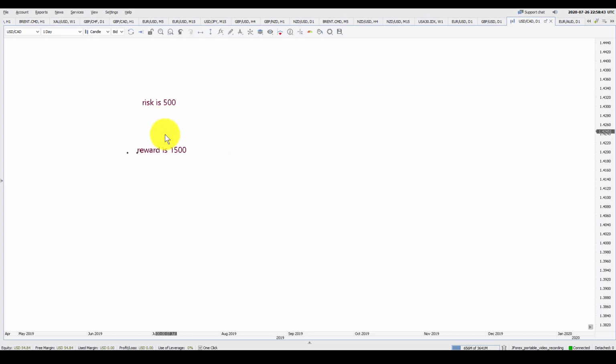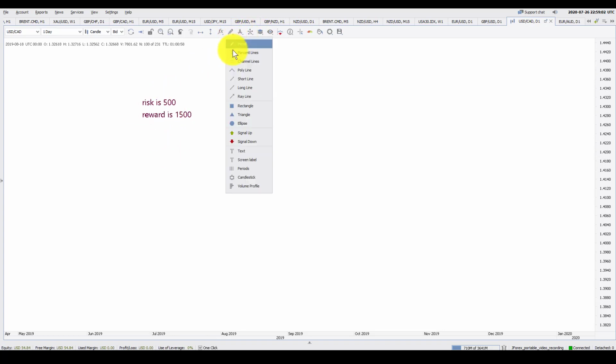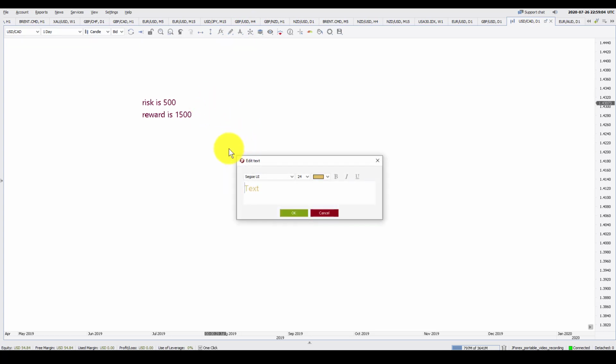Why? Because you are risking 500 and the reward you are seeking is 1500, and it all depends upon the support and resistance. You are not randomly selecting 1:3. You are seeing that if it is there, then only you will open the position. If it is not 1:3, then you are not going to open the position. Then what is going to happen? Say it happens for 10 trades. Out of 10 trades, you win only 5 trades.